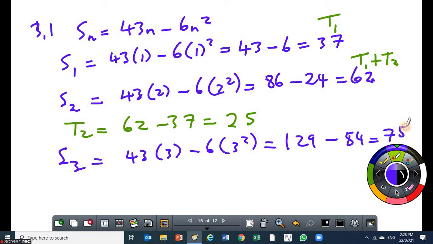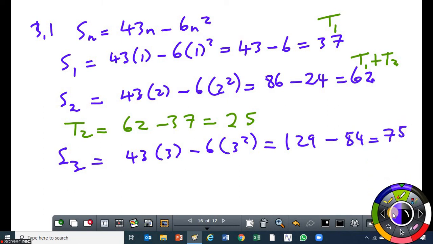So you get 75. Now, this 75 is equal to T1 plus T2 plus T3, which means in this 75, there is also 62 in it. Are you following that?